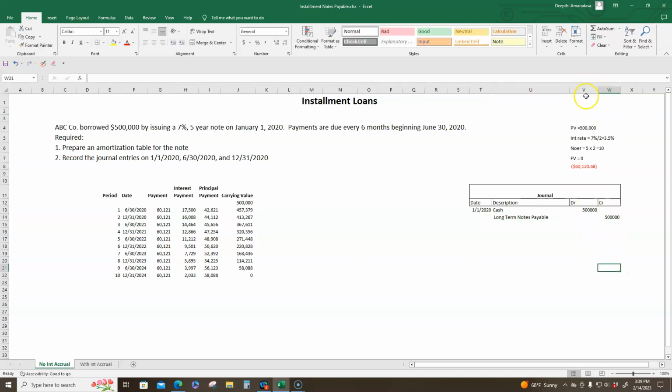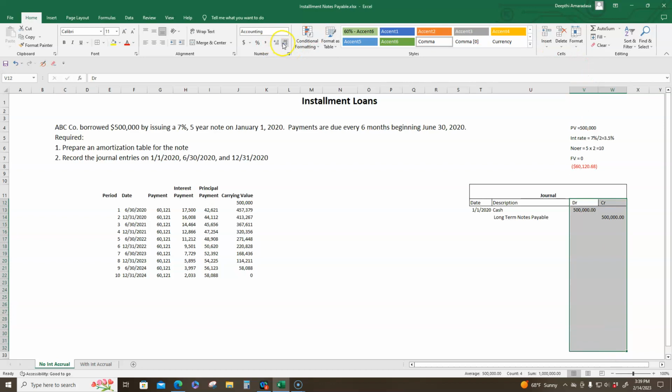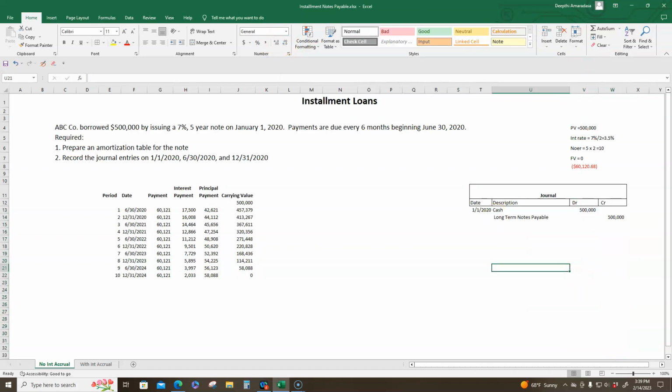And let me go ahead and format this so that it's easier to read. That's your first journal entry.